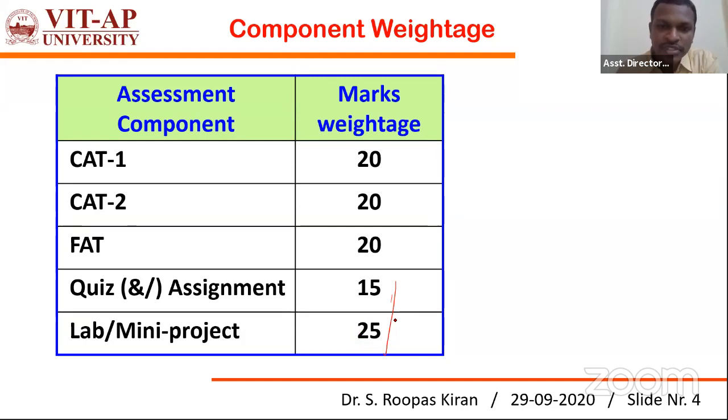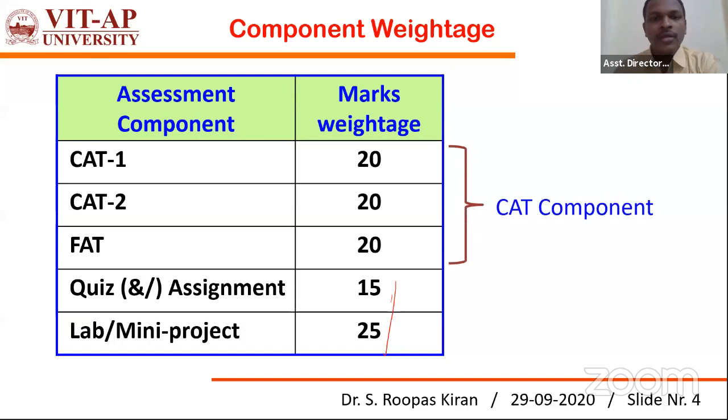As per the course committee, each course will have a committee. The course committee will direct in what mode of assessment to follow for the lab component or project component. For these three examinations, whatever weightage we have, that total of 60 marks is called the CAT component.